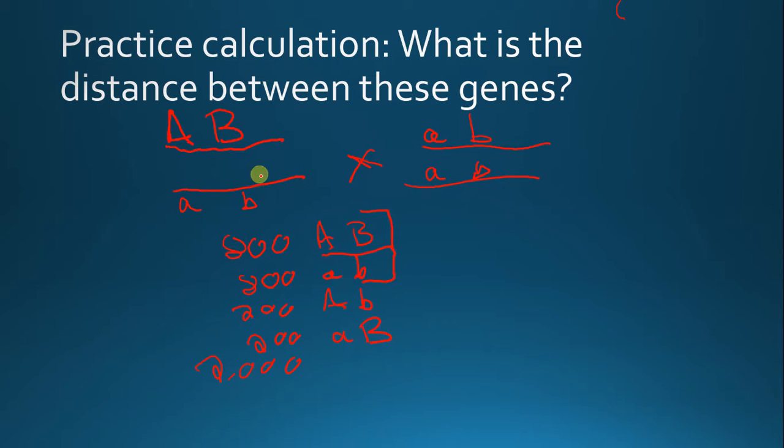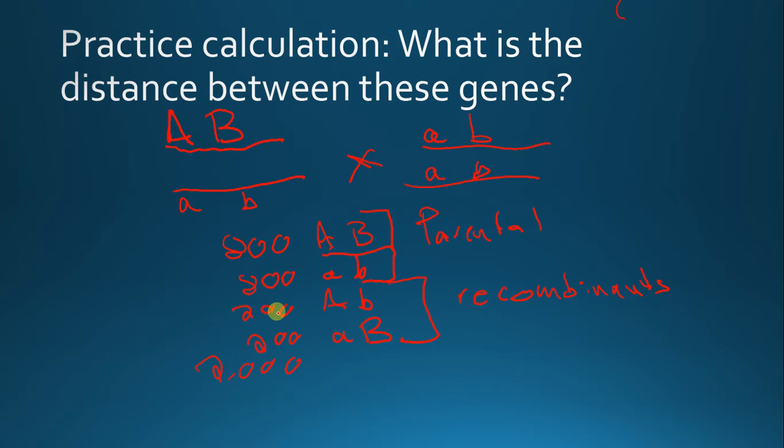They have the same genotype as one of their parents. We call them parental. And these are the recombinants. Crossing over has occurred. Okay? Crossing over has occurred.